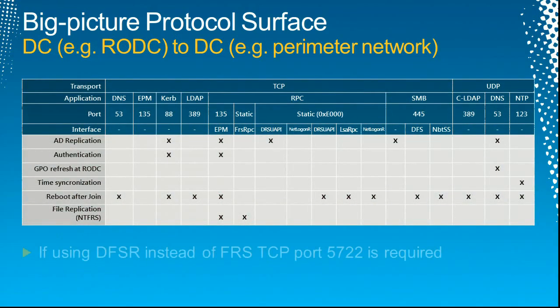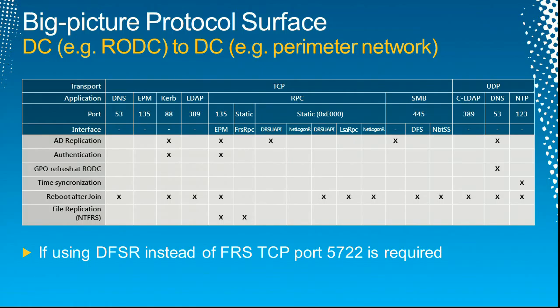Similarly, if you want to talk about DC to DC communication, for example, you are deploying an RODC in a specific segment, and you want that RODC talking to a specific DC, you might want to have specific rules in the firewall that would allow or prevent specific traffic.